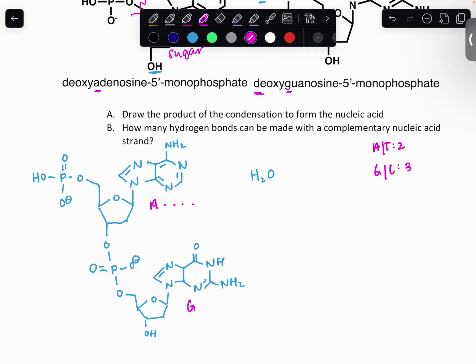T. And we would have how many hydrogen bonds there? 2. What would our G connect to? C. With how many hydrogen bonds there? 3. So how many would this total nucleic acid strand make?